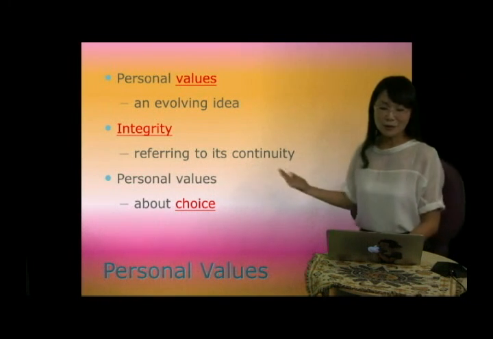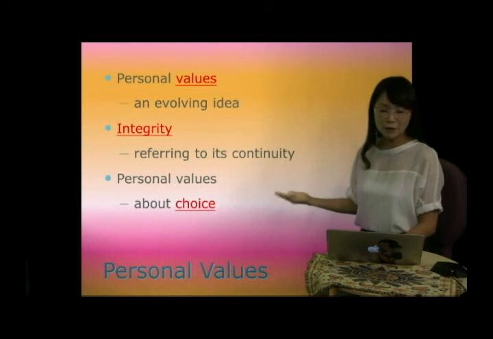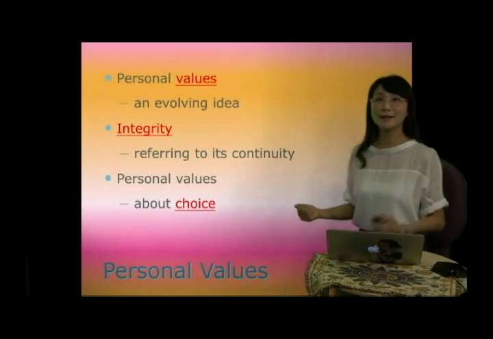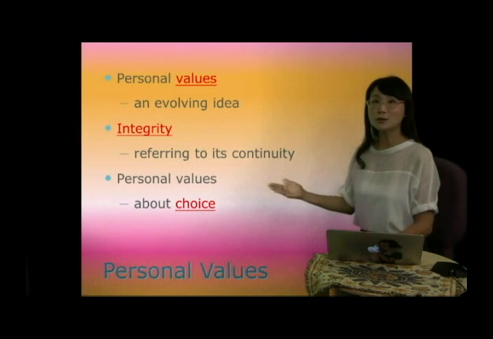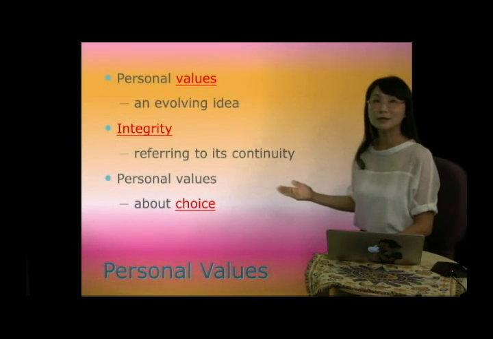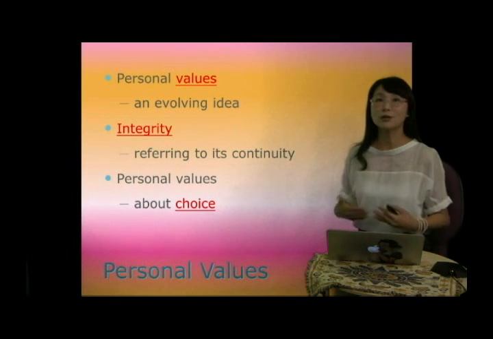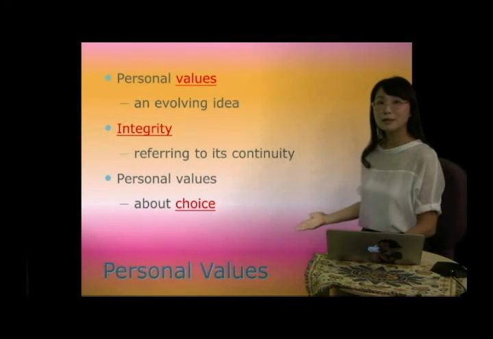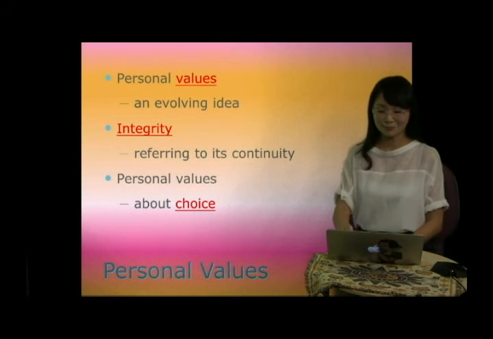They guide decisions by allowing for an individual's choice to be compared to each choice's associated values. So what does it mean? It means that what people choose to do or what people choose to believe, all these decisions and choices are related to people's personal values.